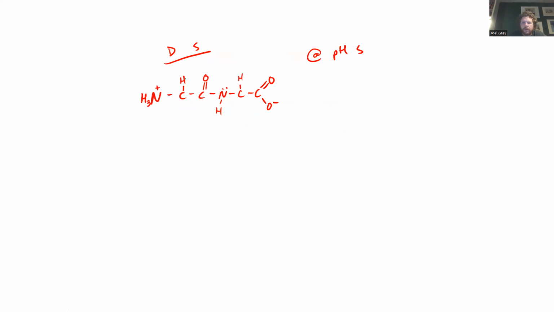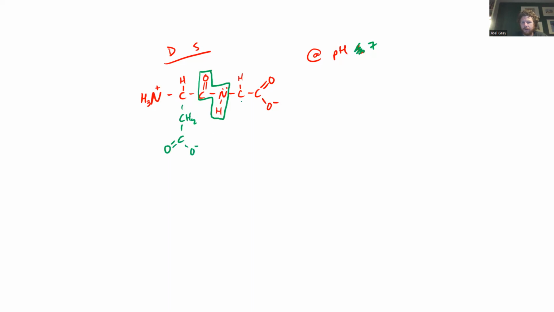But here's my dipeptide. I'm going to go ahead and put a box around my peptide bond and the atoms within my peptide bond, because I'm going to discuss that in just a moment. But to draw this dipeptide at a pH of 7, I've got my aspartic acid that is deprotonated.